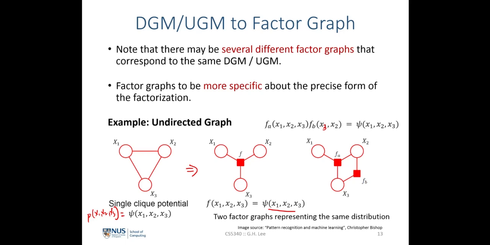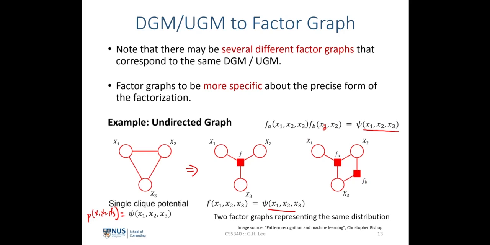Here, since we are saying that there's an explicit representation where these two can be factorized into fa and fb respectively, we are also explicitly saying that the potential, despite being represented as one particular term, can actually be explicitly factorized into two different terms.